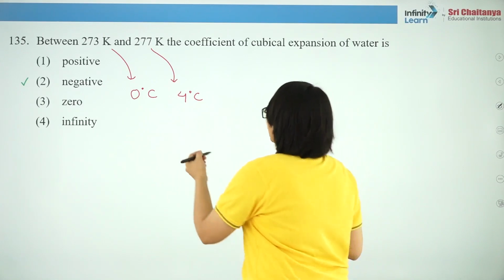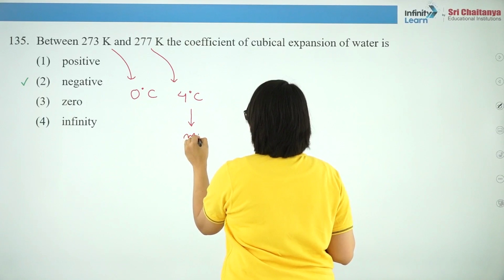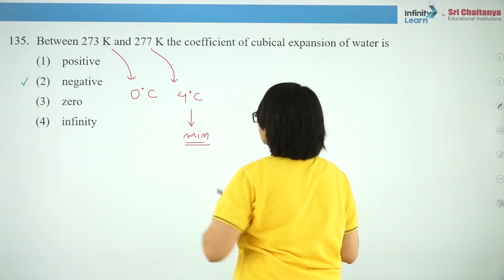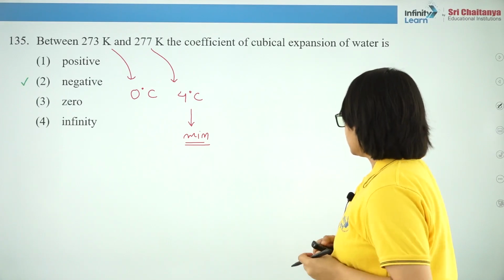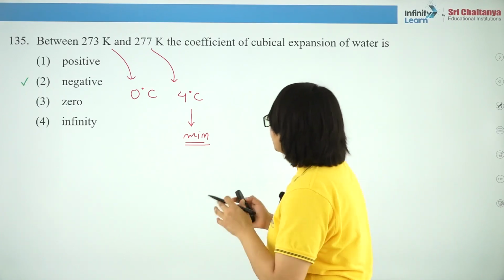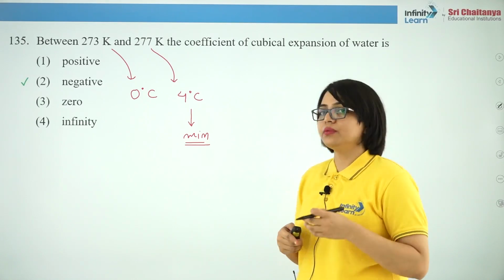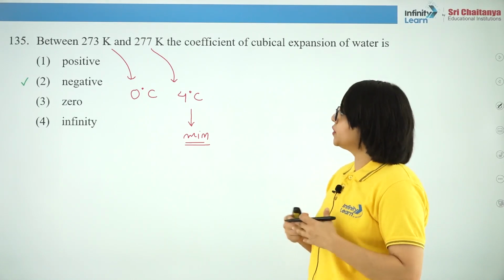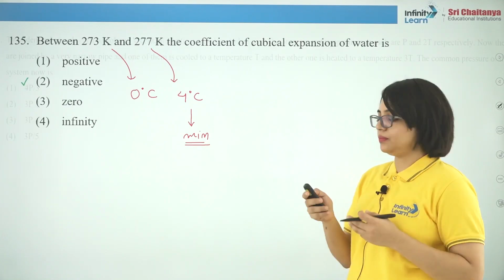Because volume is minimum at 4 degrees Celsius, because its density is maximum at 4 degrees Celsius. So, water is contracting from 0 to 4 degrees Celsius, that is why volume is decreasing, and because of that the coefficient of cubical expansion of water will be negative.